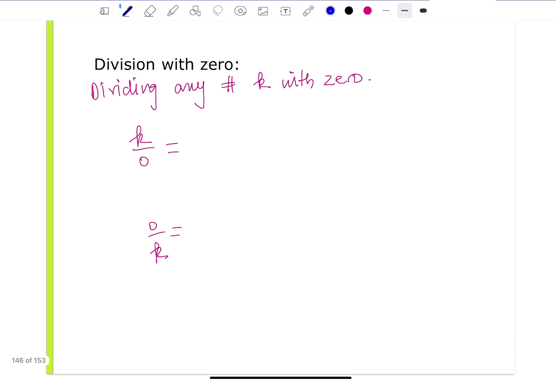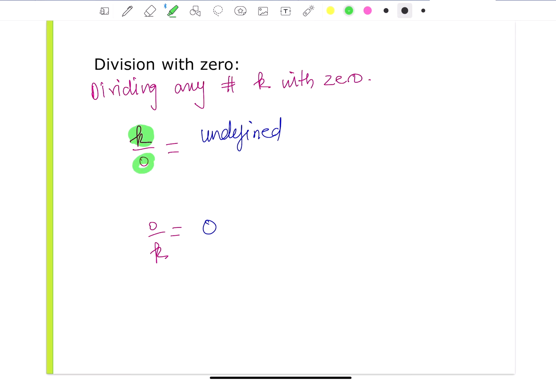Division with 0. Dividing any number k with 0. So if we divide a number k with 0, that is undefined. Division with 0 is not possible. And dividing 0 with any number k is always going to be 0. So remember, k over 0 is knocked out.